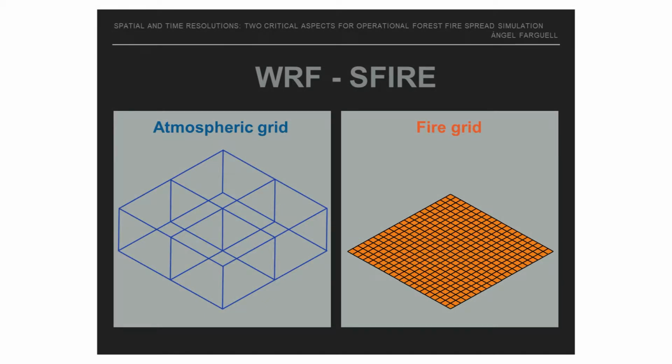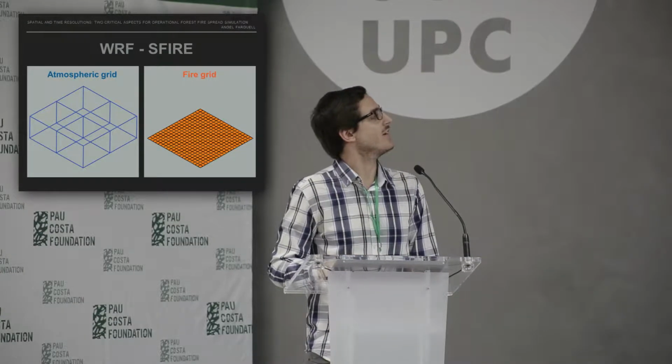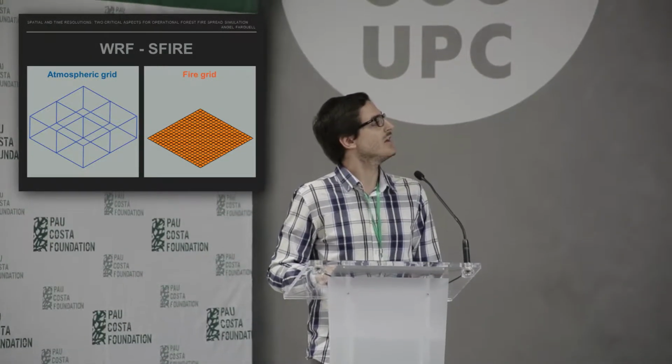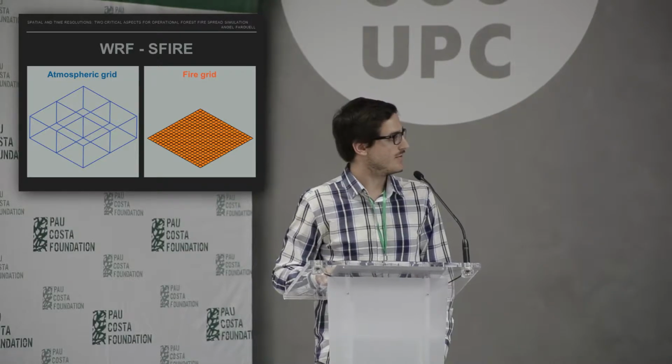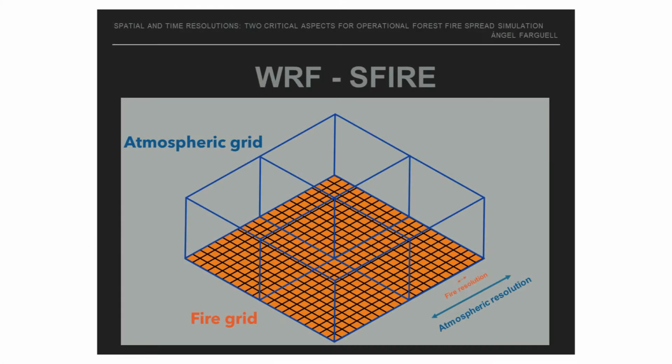So, if we want to see the difference between these two approaches, we can see an experiment of a real fire here in Spain, on 8th July of 2005, from 3 to 9 p.m. We chose this experiment because it's strongly dominated by the fire winds.